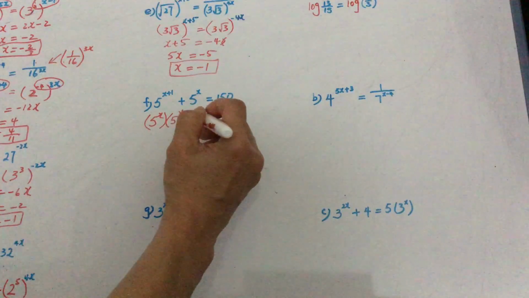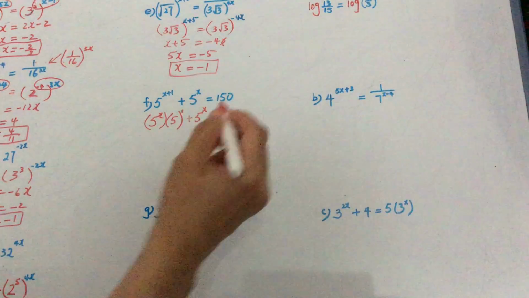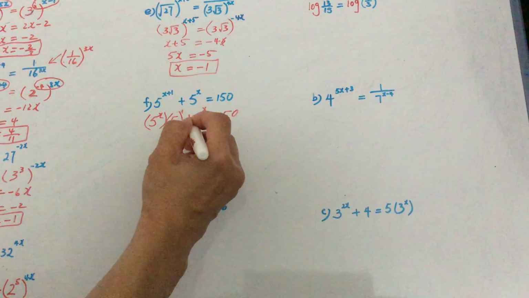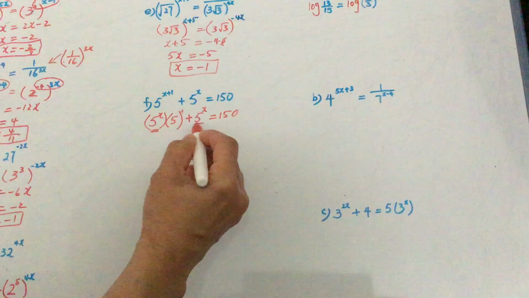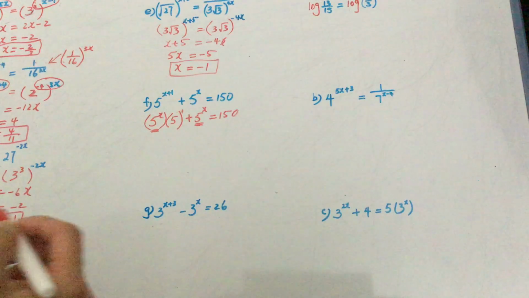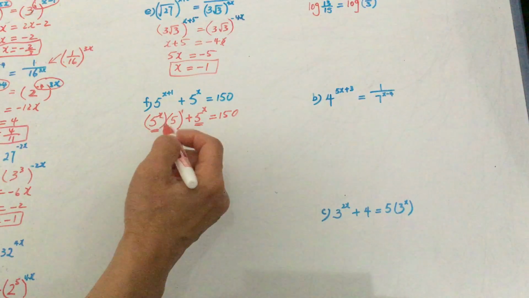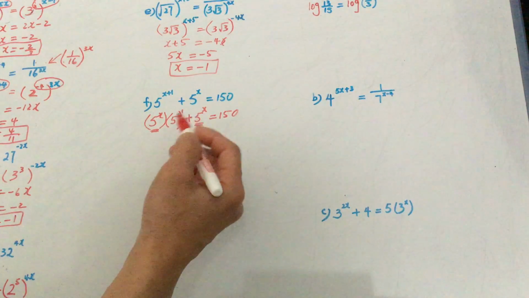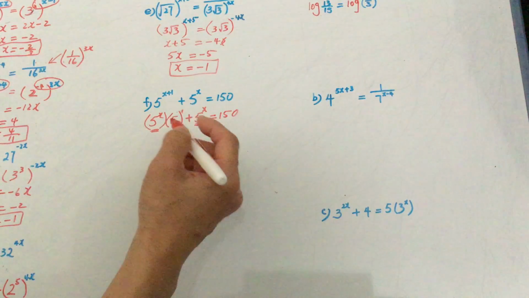And so I'm adding a 5 to the x equal to 150. So now on the left hand side here, you get to see there is a common factor 5 to the x. So think about this 5 to the x as an a. So you have 5a plus another a. So you end up with 6a, right? So it's either way.